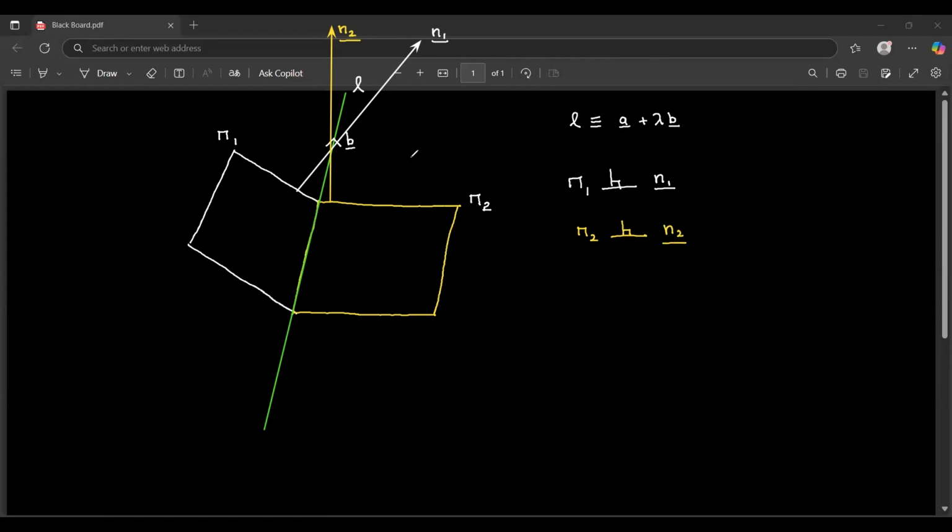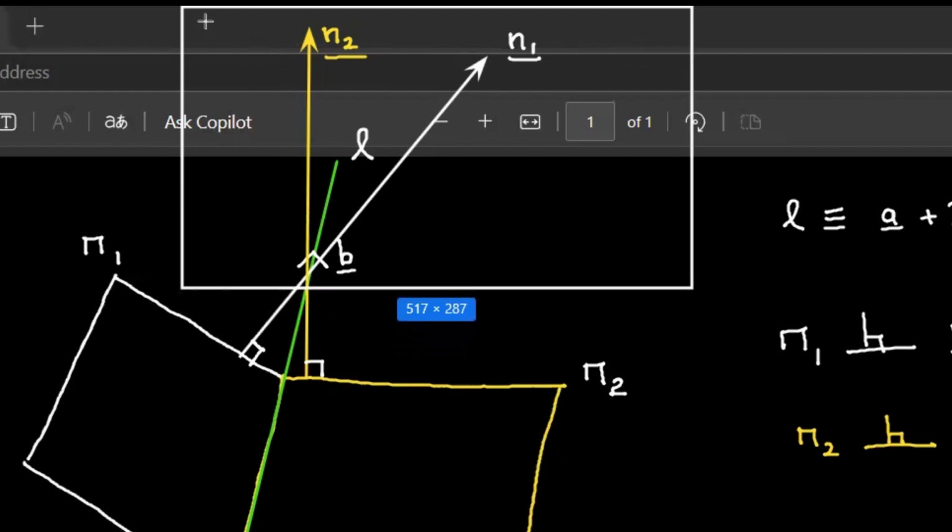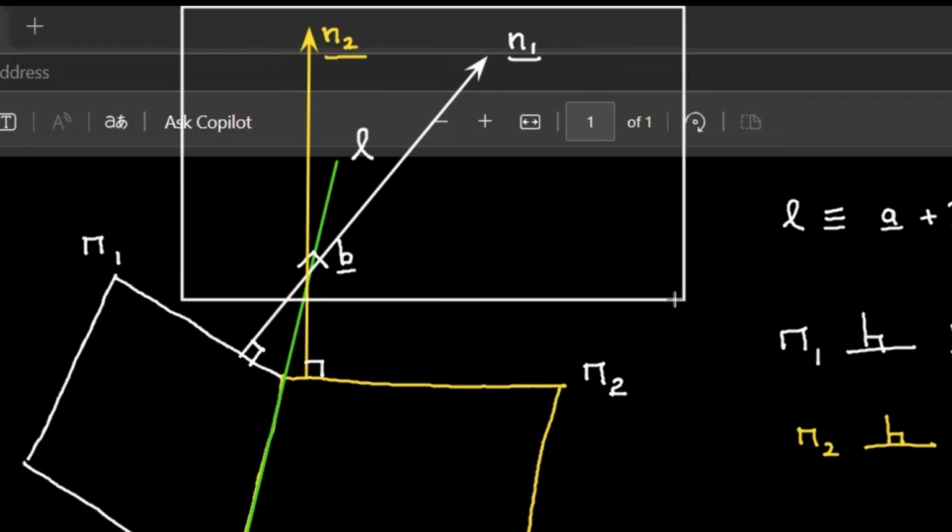We can't say anything yet about the angle between n1 and n2, because we haven't learned anything about that. But what we can really see is that n1 and n2 are in the same plane. Consider this as a random plane, let's say this is the pi x plane.